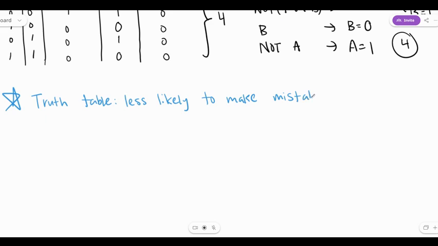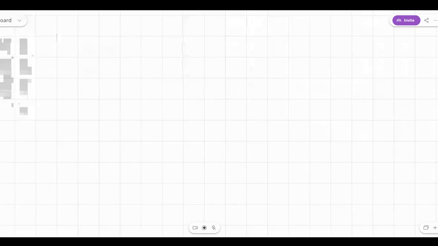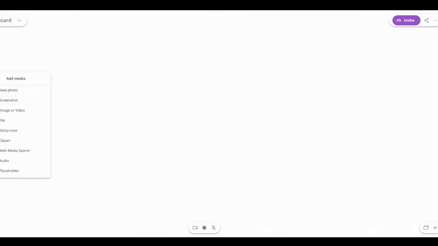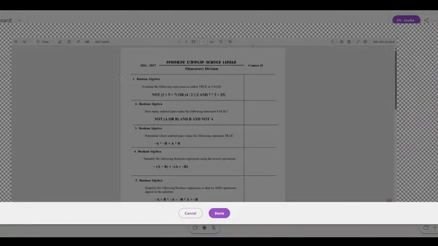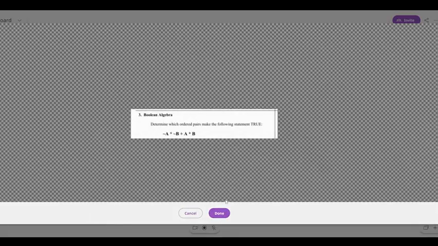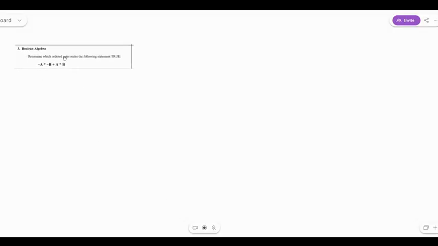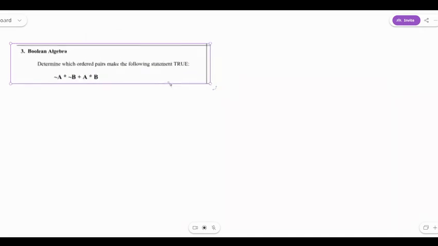Alright, let's look at another problem. Determine which ordered pairs make the following statement true.